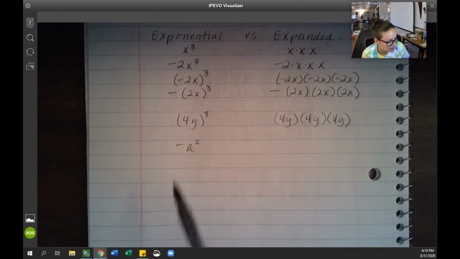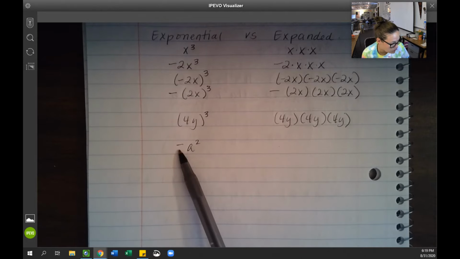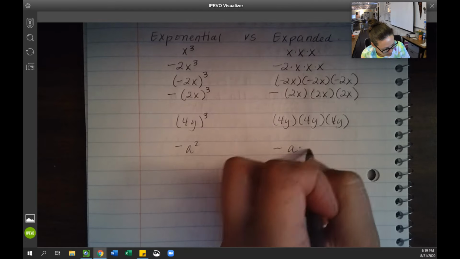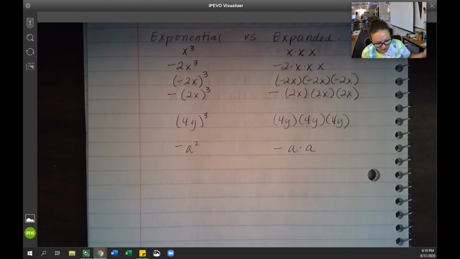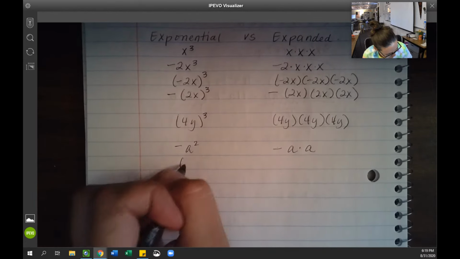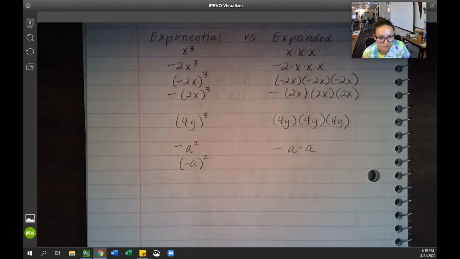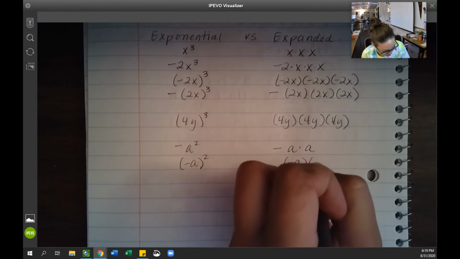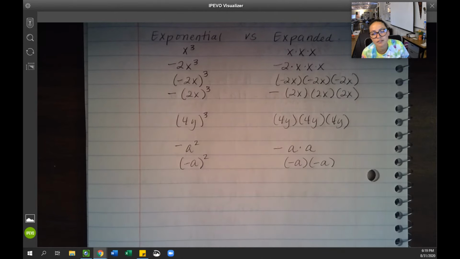In this case, the negative is not being squared. Only a is. So I have negative and then a times a. However, if I have this, then I'm doing negative a times negative a. So that's a key difference there.